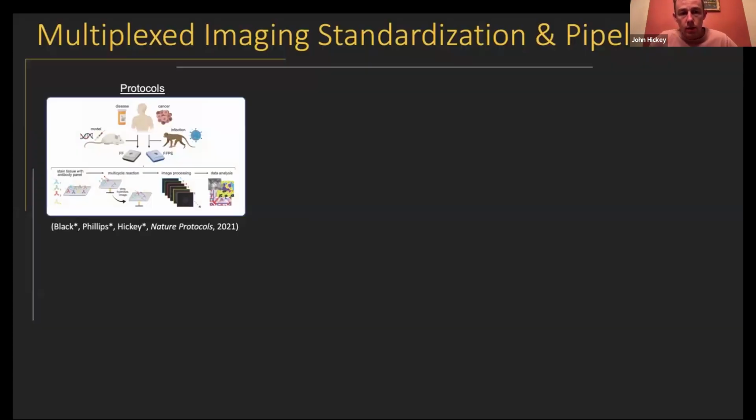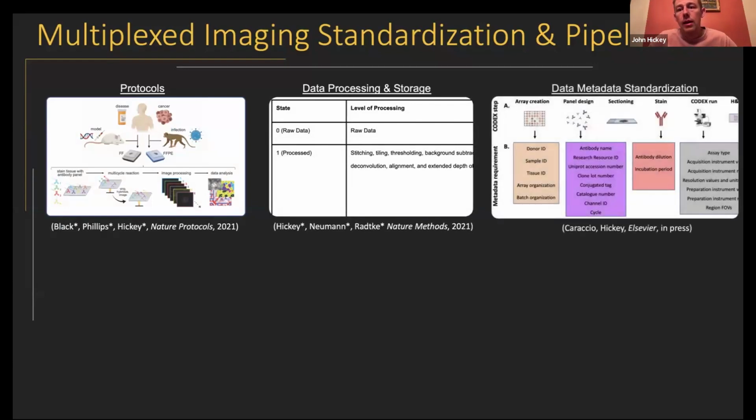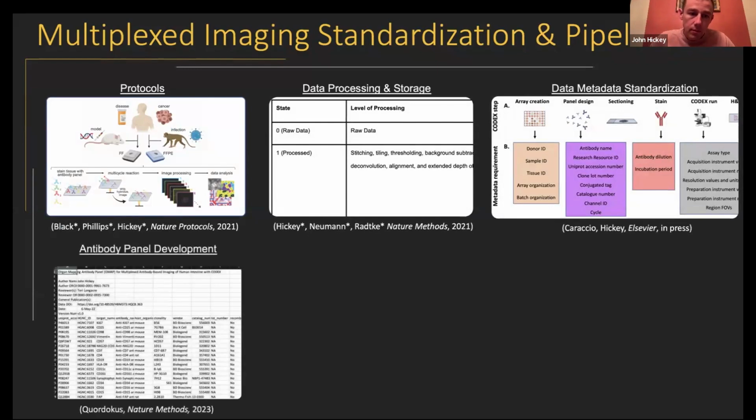And we spent a lot of time developing different protocols for this, thinking about how you process all this data and store it, and the type of metadata that you have to take along with this to make sure that it can be standardized and analyzed across other experiments later. How do you develop these molecular tools in a way that's not too cost prohibitive?